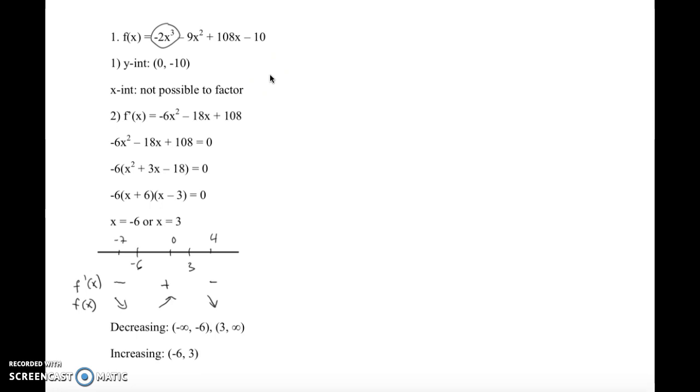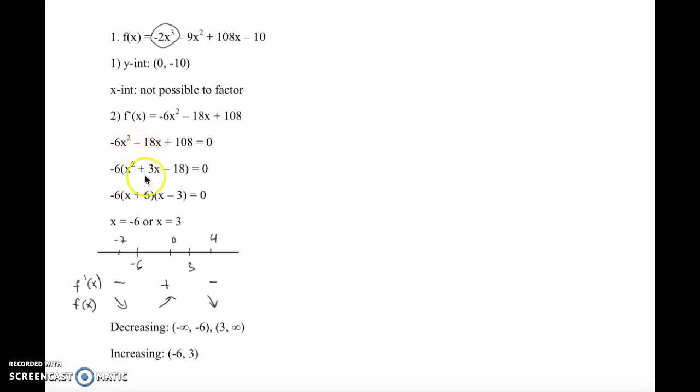We're going to go ahead now and take our first derivative so we can find our critical values, our critical numbers. And we have negative 6x squared minus 18x plus 108. And we're going to set that equal to 0 and pull out the negative 6. Pulling out that negative 6 is going to change our signs.